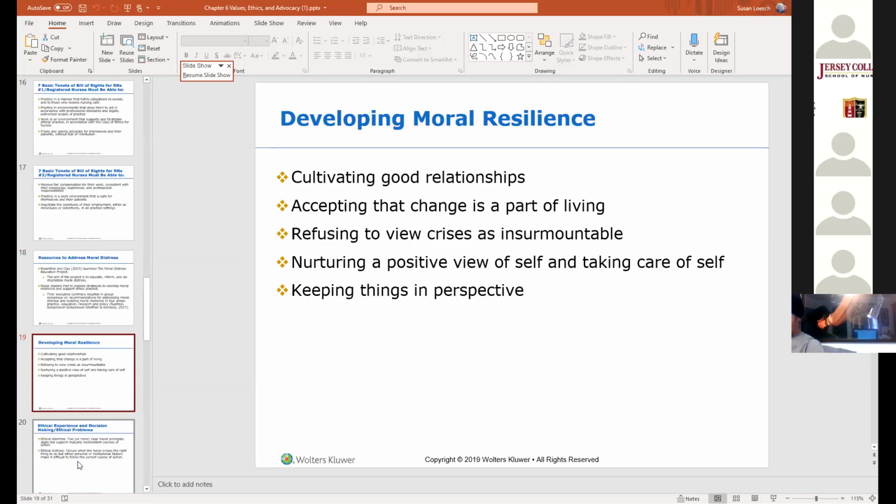So as a nurse, our ethical experience comes from many different ways. We have 2 types of ethical problems that we're commonly faced with, ethical dilemmas and moral distress. In the ethical dilemma, 2 or more clear morals apply, but support mutually inconsistent courses of action.